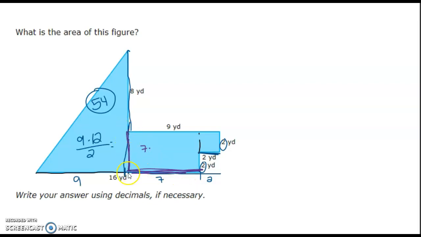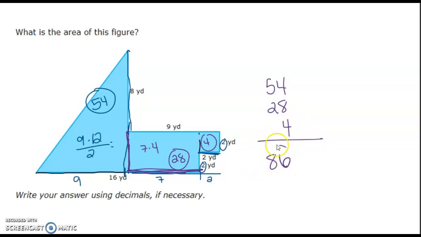And I already did my height because we determined it was 2 plus 2, which is 4. So 7 times 4 is 28. And then this one's super cute. It's just a 2 by 2, which is 4. So let's add up all of our areas. So we have 54 plus 28 plus 4. 86. There we go.